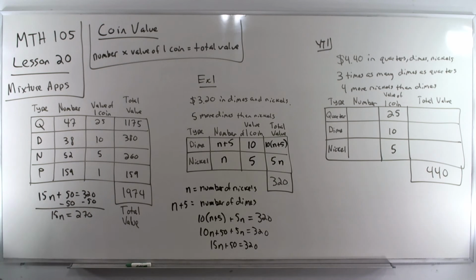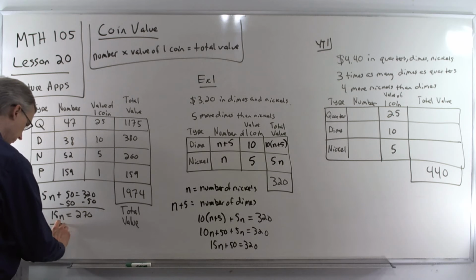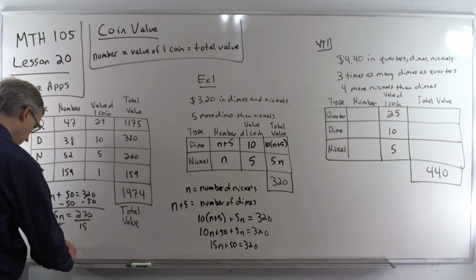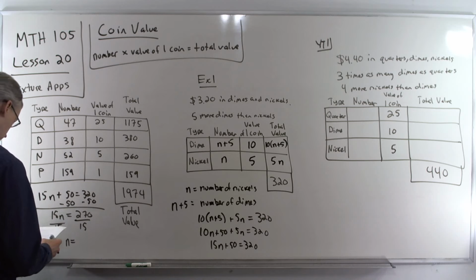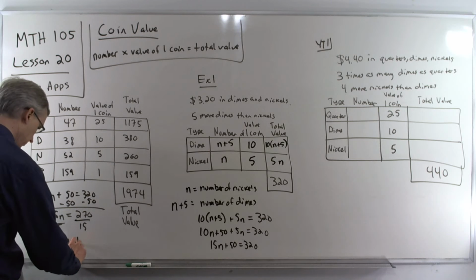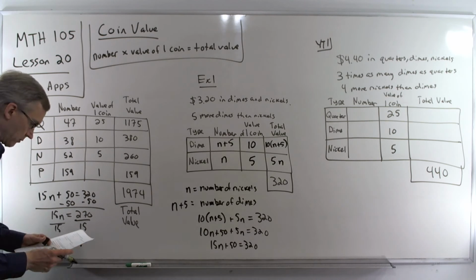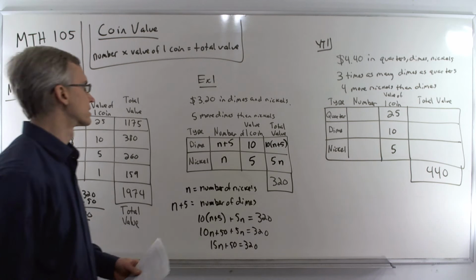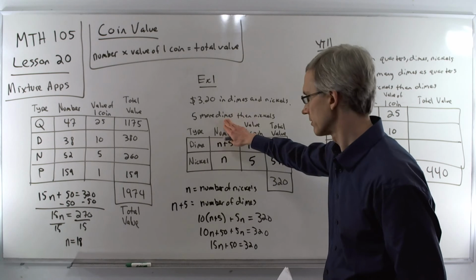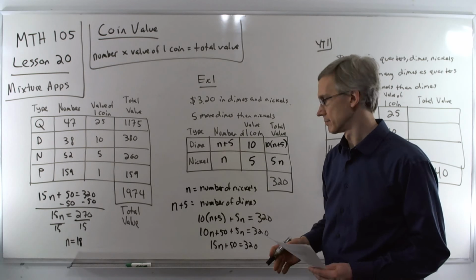That gives us 15n equals 270. Divide by 15, and n equals 18. And n is the number of nickels, so that means we have 18 nickels. And since we have 5 more dimes than nickels, that means we have 23 dimes.